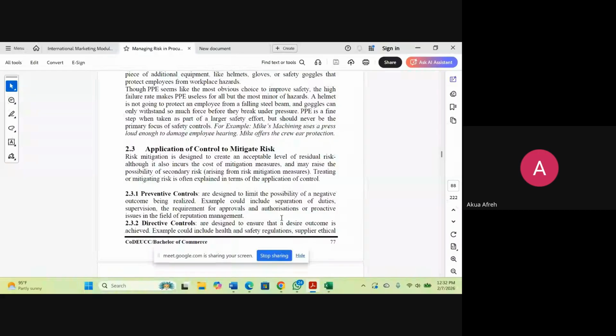So separation of duties in procurement. One person works on orders, another approves it, so that there is no corruption in there. If I'm the same person ordering the product and I'm the same person giving approvals, then I can do whatever I want to do. And also we can say approval hierarchy for large purchases.